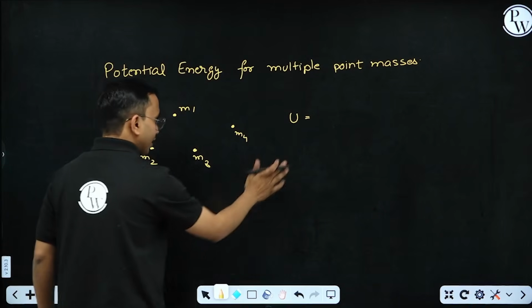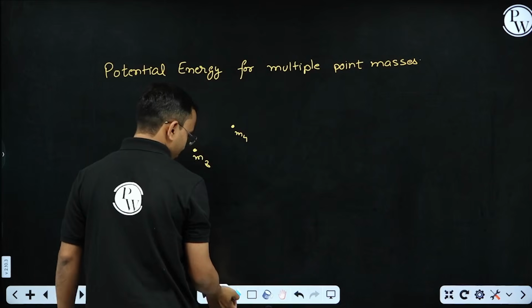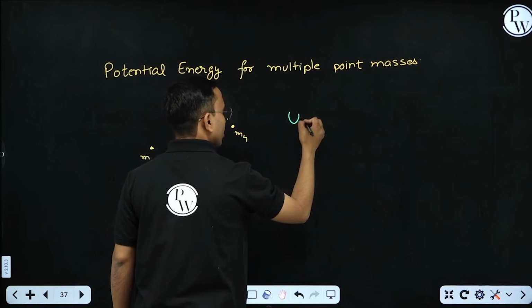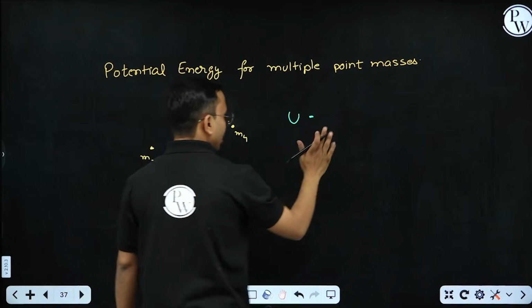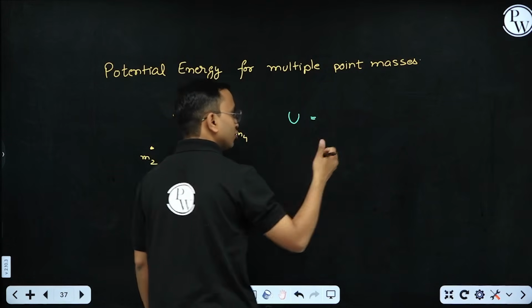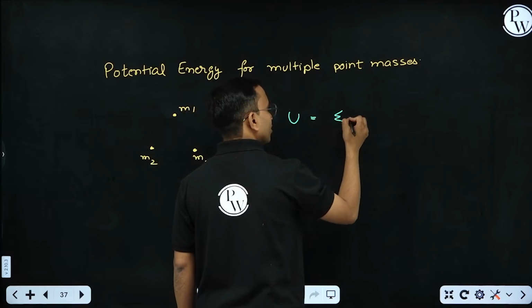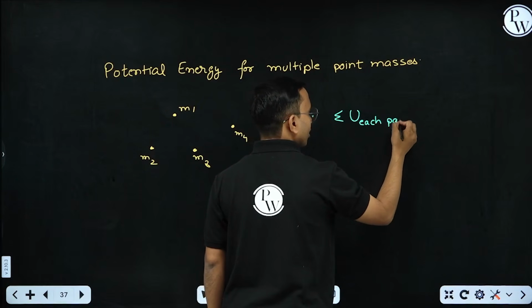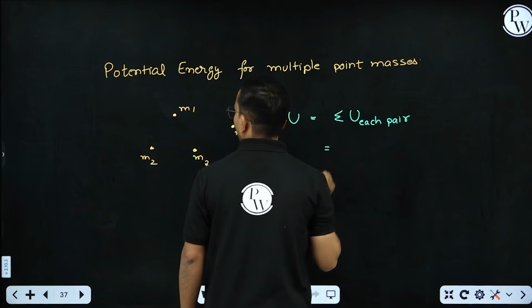So I can just add all the magnitudes. When I write the total potential energy of this system, it is the sum of the potential energy of each pair. How many pairs are there?